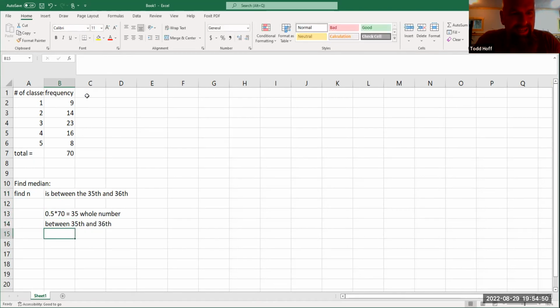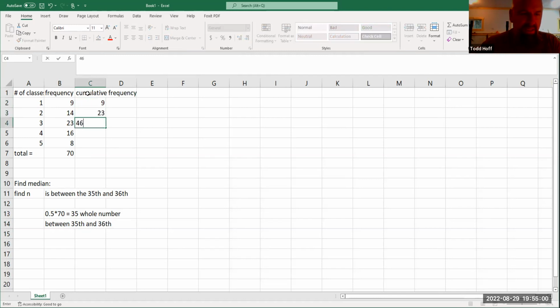Well, to find that, let's find the cumulative frequency. So this is 9. 9 plus 14 would be 23. 23 plus 23 would be 46. I could actually stop there, but let's go ahead and finish it out: 62 and 70. The 35th and 36th data points are between, well, the 2s go up to the 23rd data point.